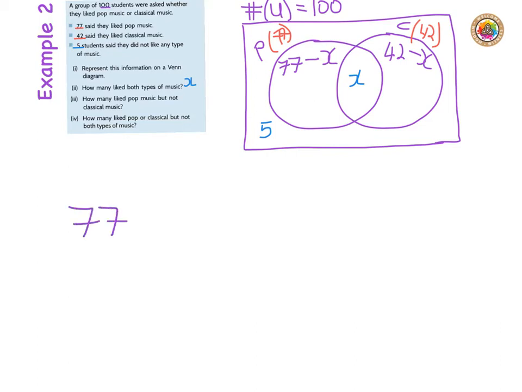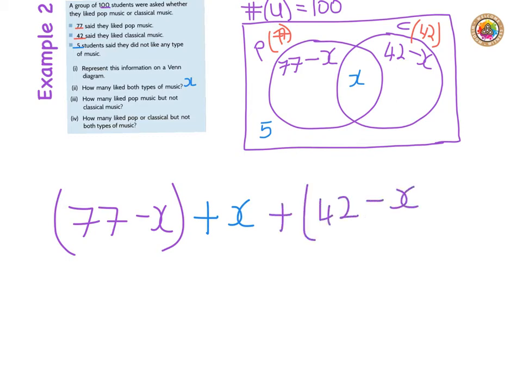So I have 77 take away x from my first circle, plus the x in the intersection, plus my 42 take away x in the next bit, plus my 5 from outer space. Well, all of that is equal to 100, my universal set.